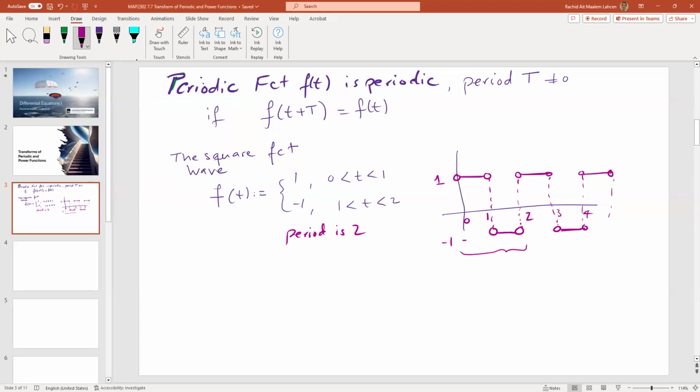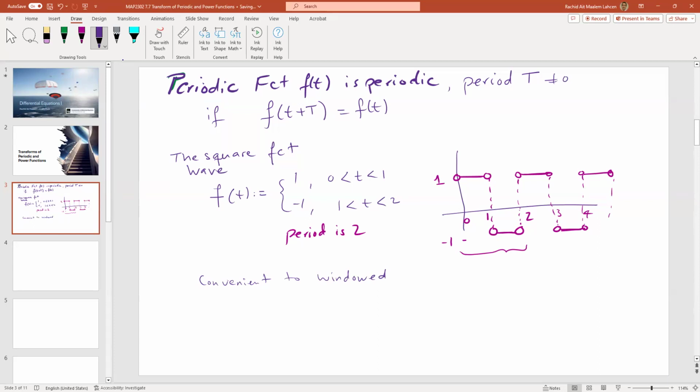It is, of course, convenient to introduce the notation that we saw before, which is the window version of the periodic function.